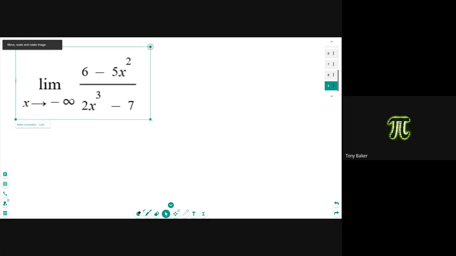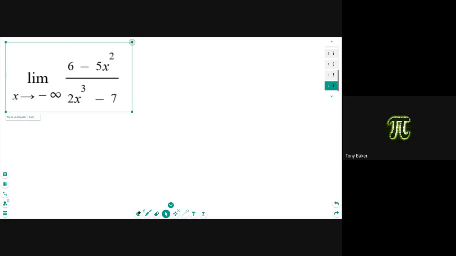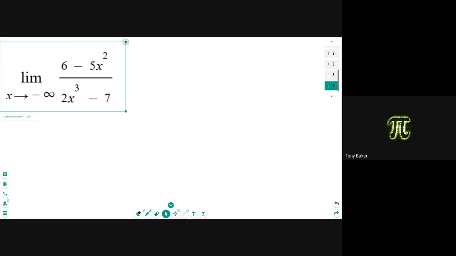All right, so now look at this rule again. What can I do to a fraction and keep it the exact same?